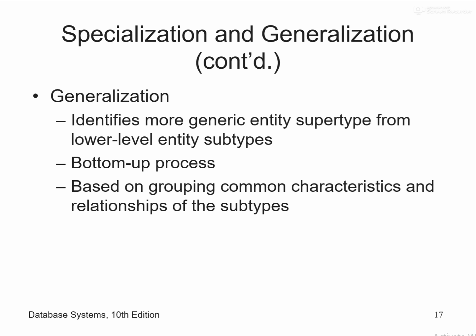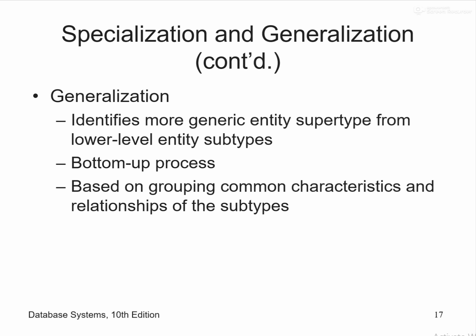Okay, the second approach that can be used to identify supertype and subtype is called generalization. It is a bottom up process. So we identify more generic entity supertypes from subtypes. We already have subtypes, and we find that these subtypes have some common characteristics, so why not join them together into one supertype entity?